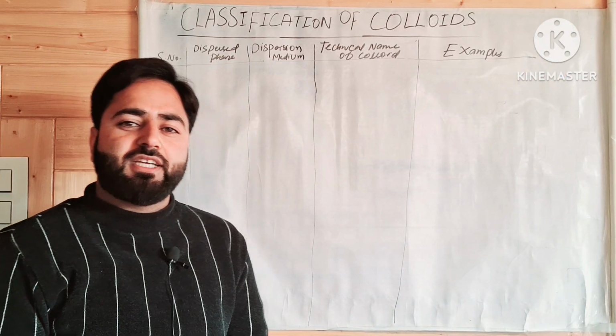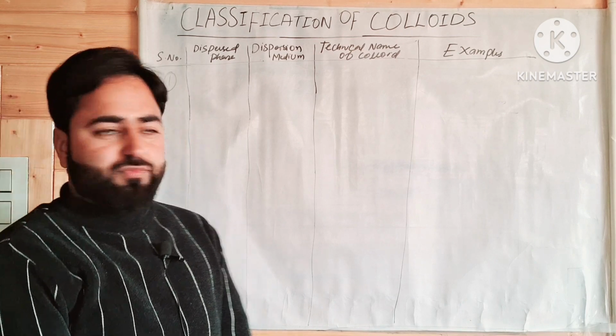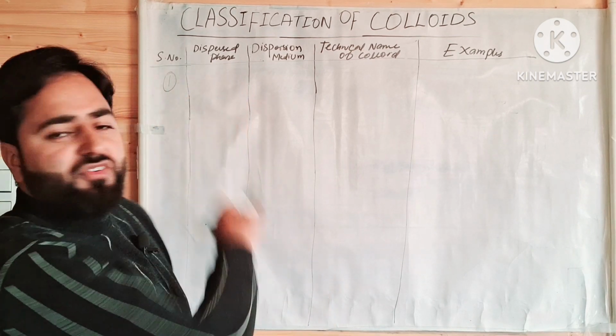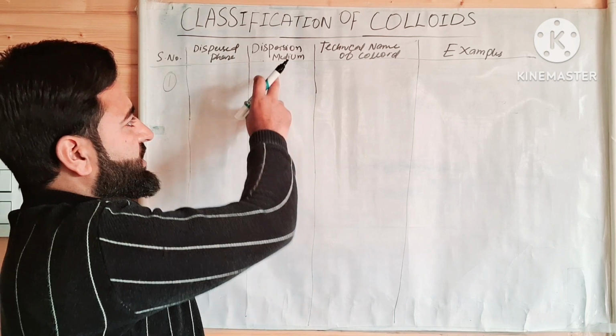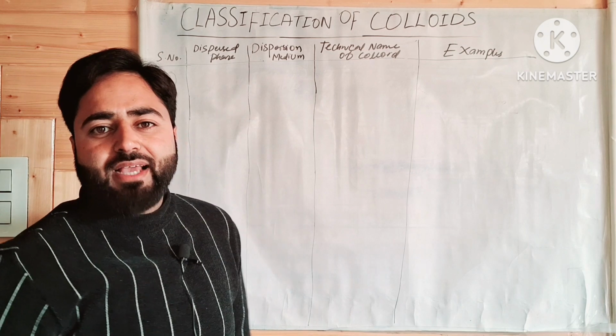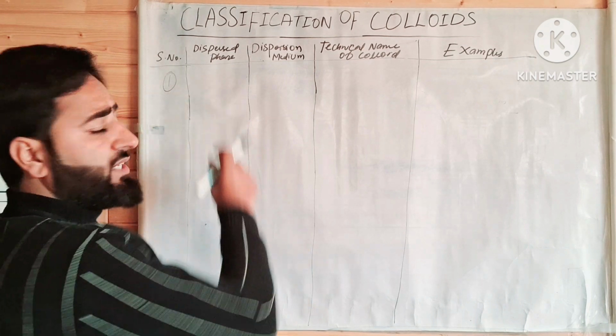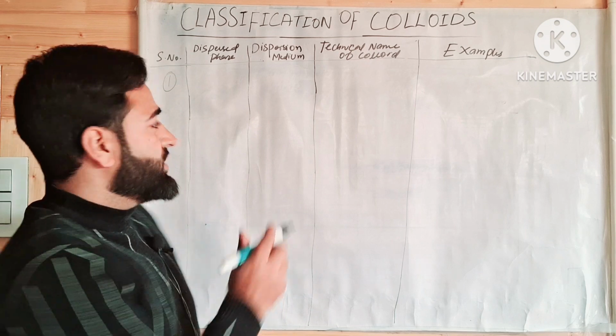Now let us discuss the different types of colloidal solutions. We have the dispersed phase, the dispersion medium, the technical name of the colloid, and then examples of a particular colloid. Number one is if the dispersed phase is solid.